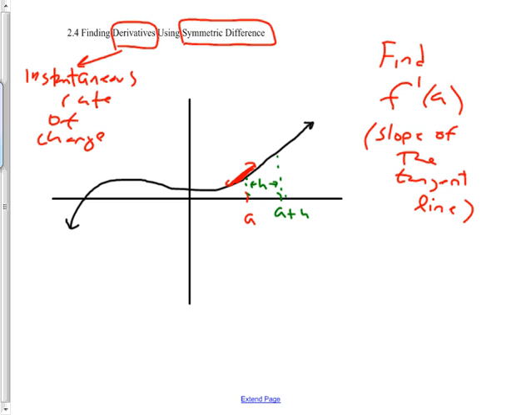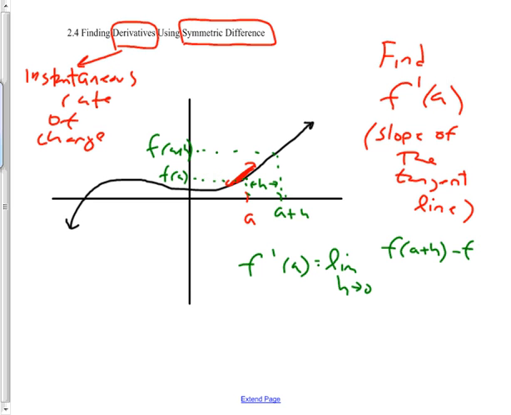And I've approximated f prime of A as the limit, as h approaches 0, of f of A plus h minus f of A, again just using the slope equation, all over A plus h minus A, or all over h.